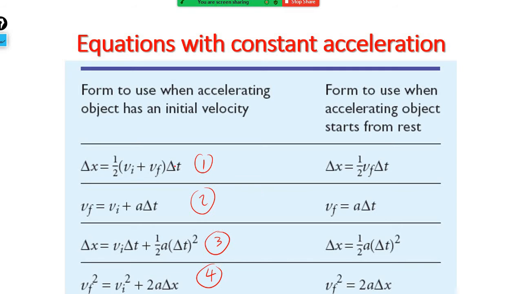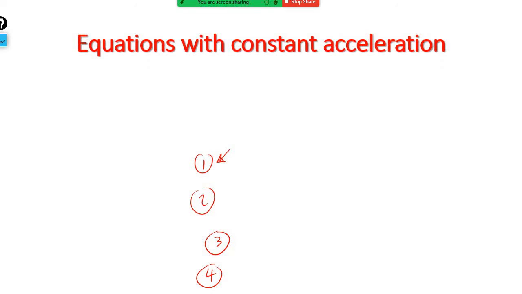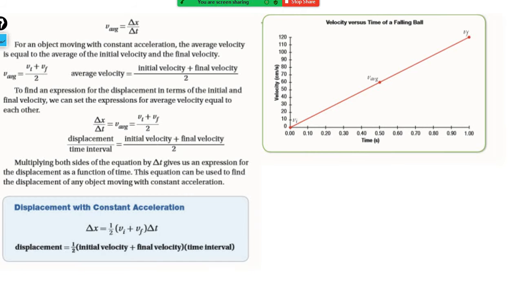Anyways, all of these equations have steps to get them. If you look at the first one, I just give you a little. You don't need to understand that, but I will explain quickly so you know where we get this equation from. Now, V average. What's the meaning of average?